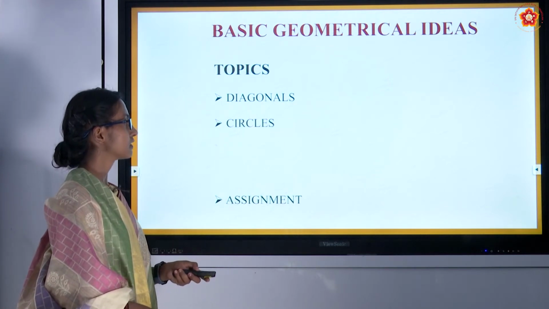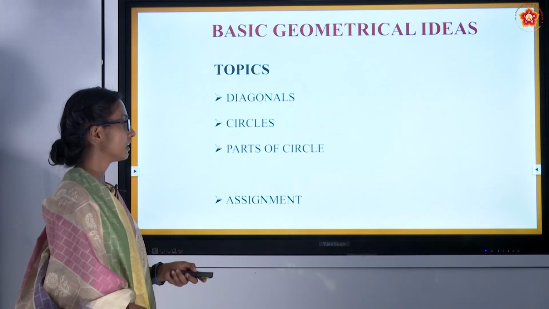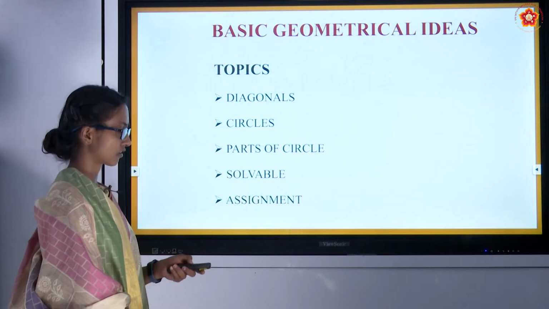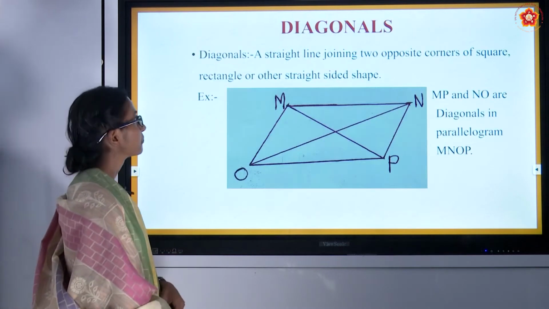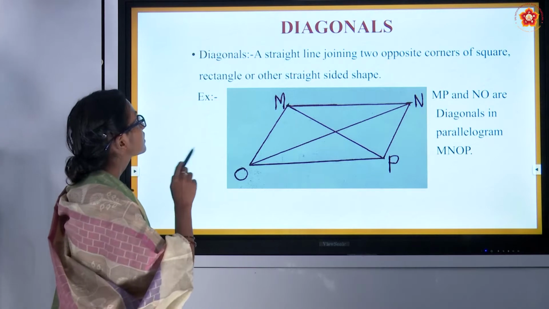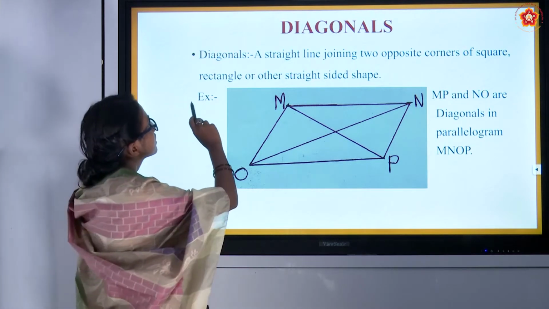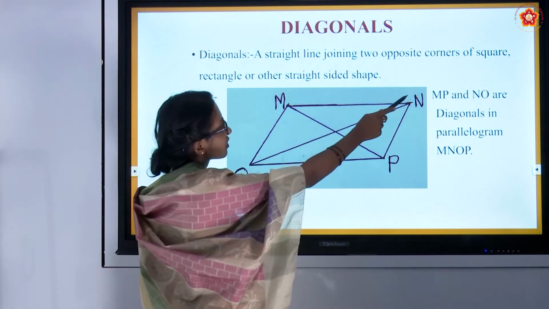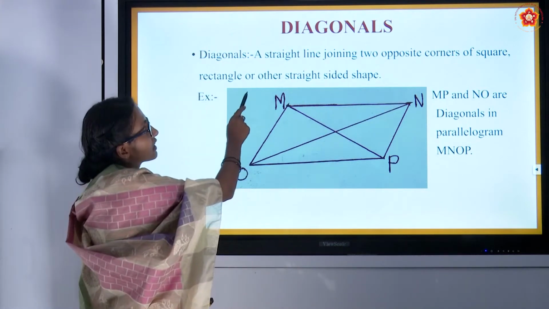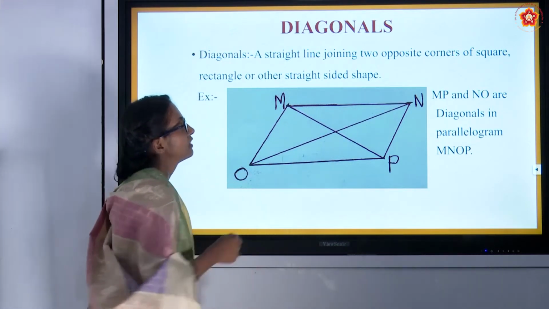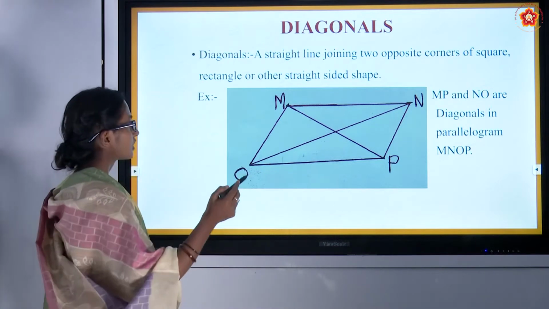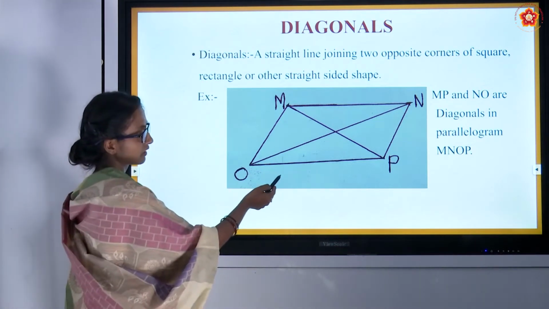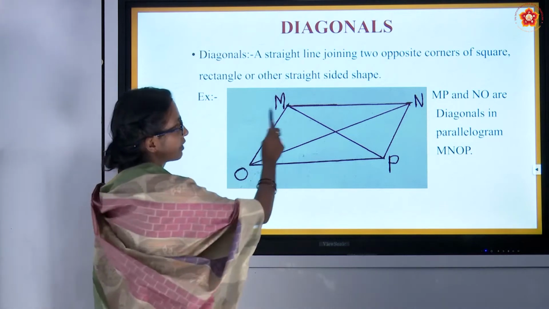Diagonals, circles, parts of a circle, and we'll solve some problems too. Diagonals: a straight line joining two opposite corners of a square, rectangle or other straight sided shape. It might be any. Now we have taken a parallelogram.